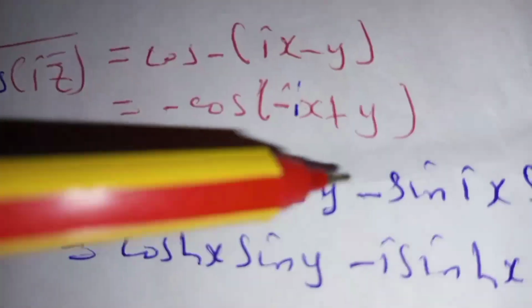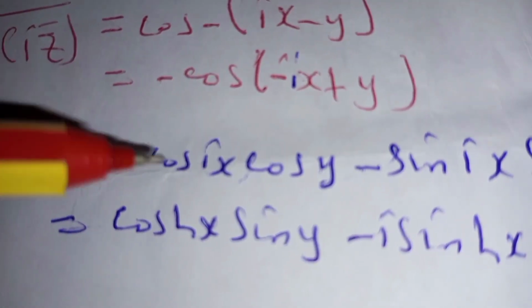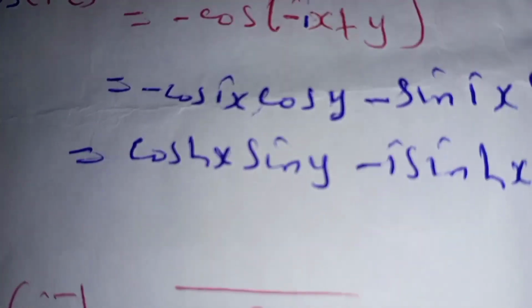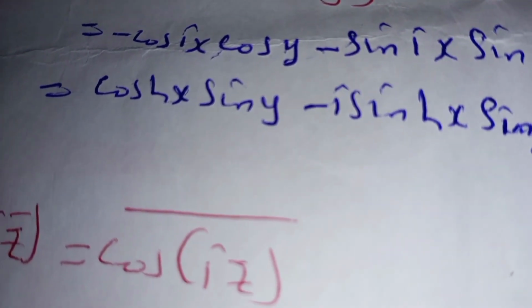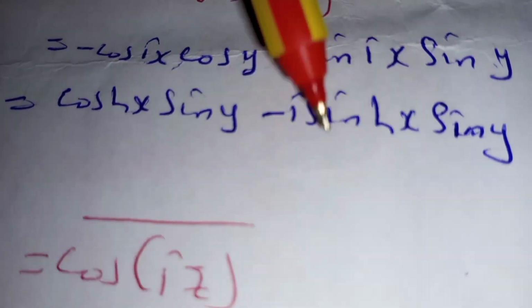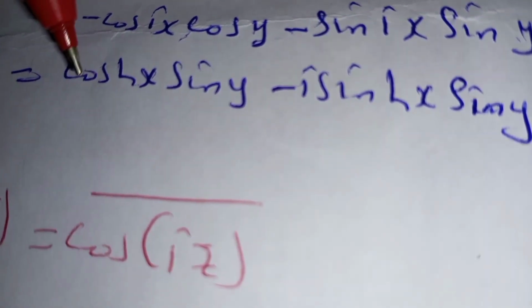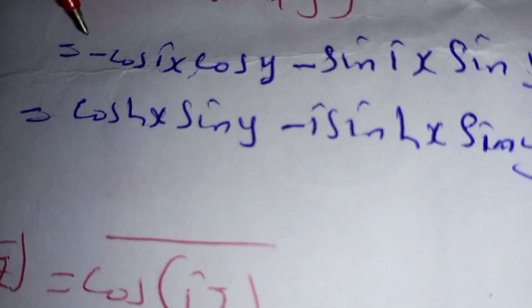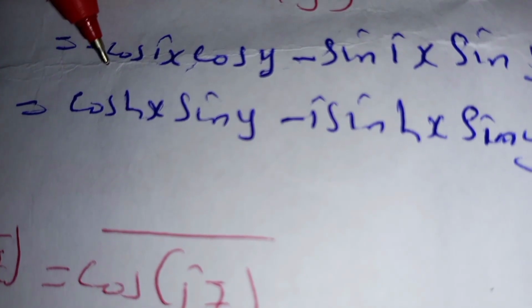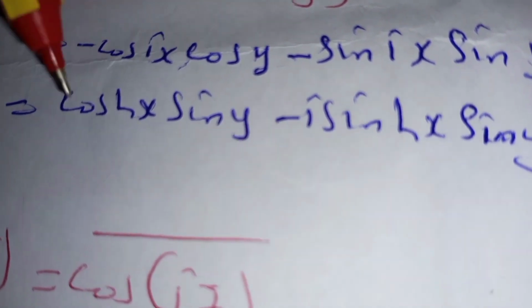Then we expand this using the cos identity, and when you expand, the result is as shown here after making the substitution that cos ix is the same as hyperbolic cos of x. Also, this negative has disappeared because cos is an even function. It is not affected by the negative.